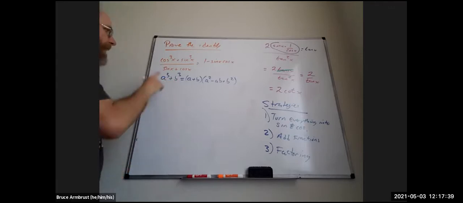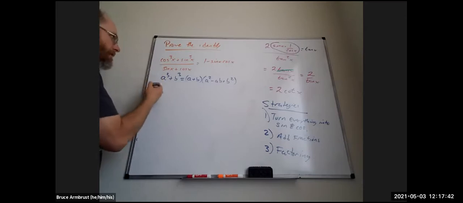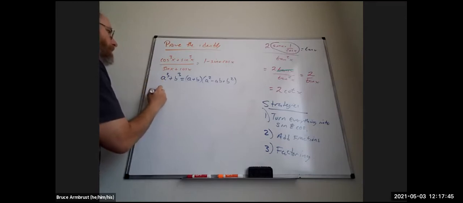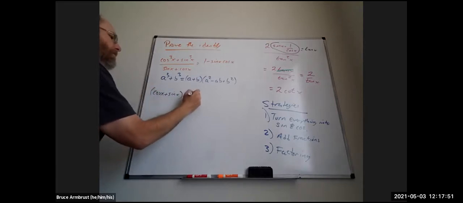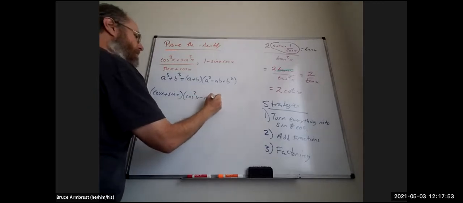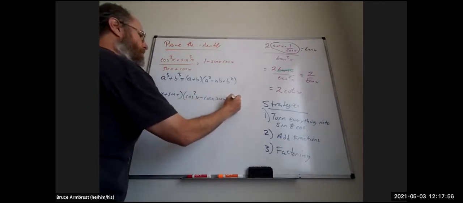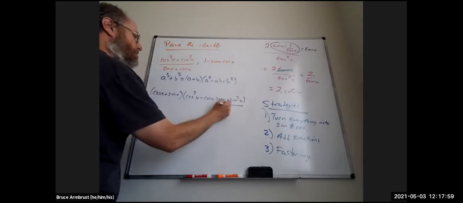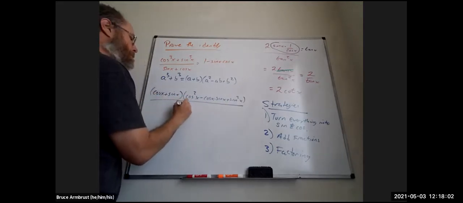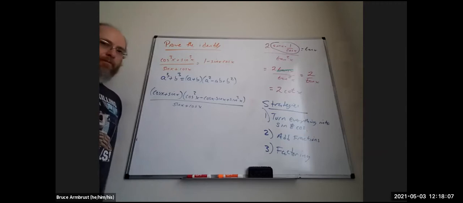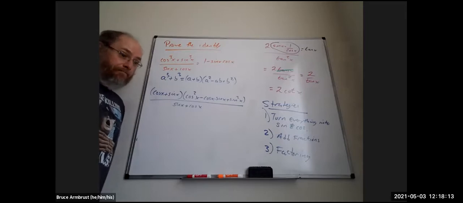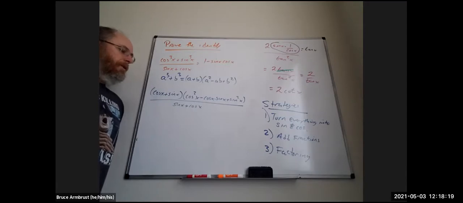So if I make use of that, that's going to turn this thing into cosine plus sine times cosine squared minus cosine times sine plus sine squared. And the bottom will just leave us sine plus cosine. All right, so we just factored the top.